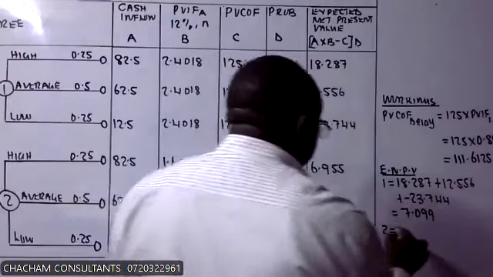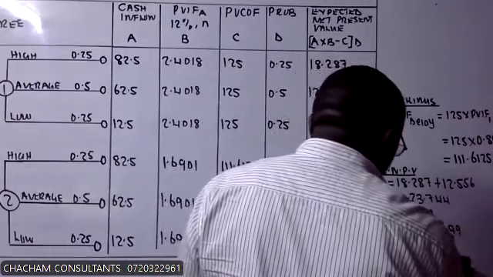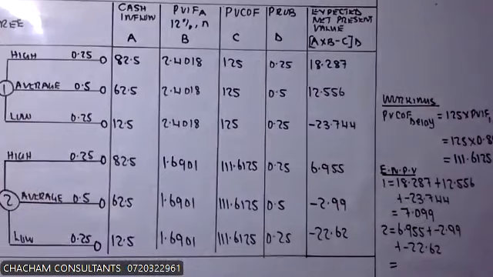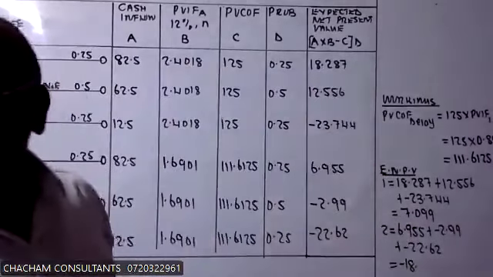So node 2, you do the same. 6.955 plus negative 2.99 plus negative 22.62. Negative 18.655.